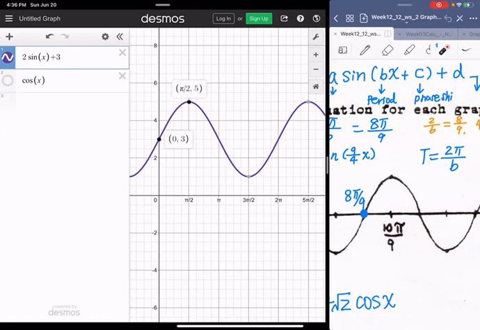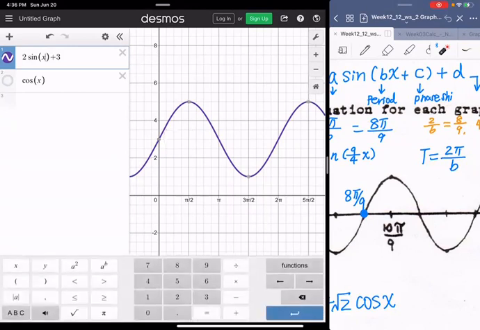At x equals pi over 2, y equals 5. At x equals 5 pi over 2, y also equals 5. The difference between 5 pi over 2 and pi over 2 is 2 pi. So you see, when they have a difference of 2 pi, your y value repeats. That is called a period, okay? That is called 1 period. Sine x has a period of 2 pi.